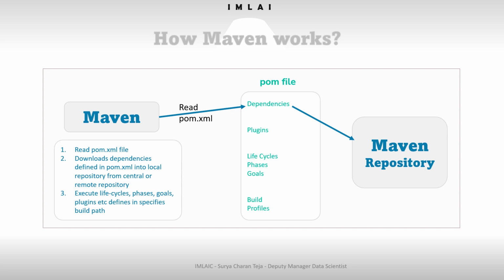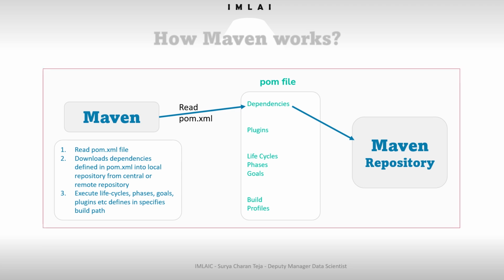Dependencies are external Java libraries required for the project, and repositories are where they are located. Repositories are directories of packaged jar files. So basically all these dependencies will be packaged in jar files and stored in repositories.